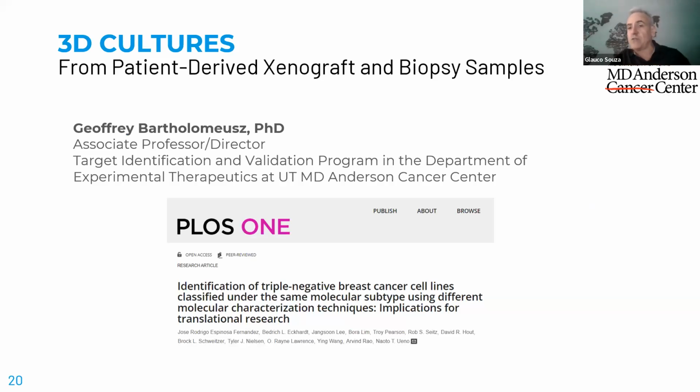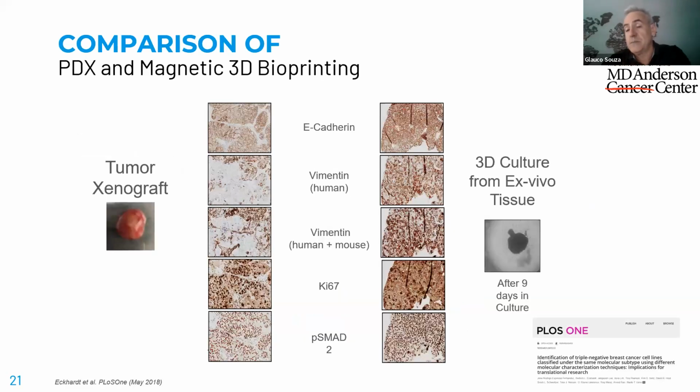Now, going back to some of the things I'm mentioning, we're doing 3D cell culture because it better mimics in vivo biology. This is a paper we published with Dr. Bartolomeos at MD Anderson, in which they used triple-negative inflammatory breast cancer grown as a PDX, and we compared the 3D cells to the PDX.